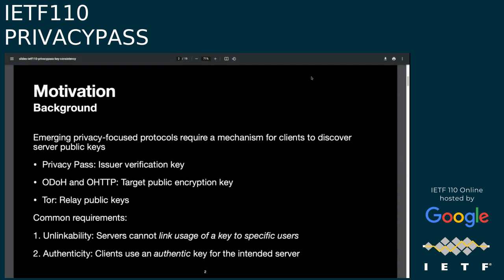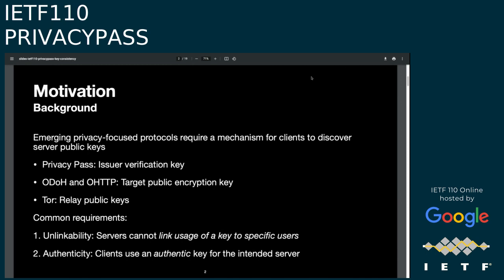Yeah, so as I said, there's a number of parallel use cases in emerging protocols that require some mechanism to get a key and then figure out that it is authentic. It is the correct key for a particular service, be it a Privacy Pass issuer verification key, an Oblivious DoH or HTTP encryption key, or in the case of Tor, maybe a relay public key.